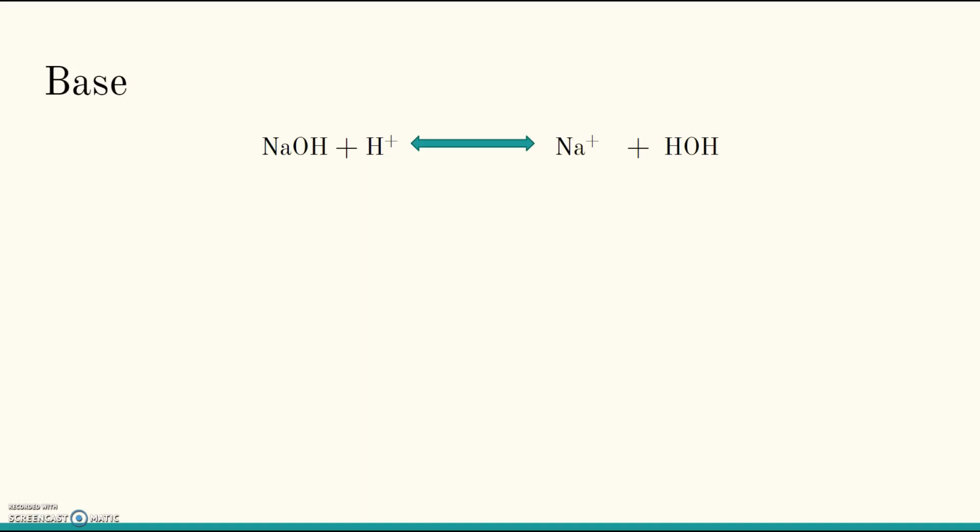And the OH ion, the hydroxide ion, is actually going to absorb some hydrogen from the surrounding areas. So that's what we mean by this being a base. It's actually going to absorb hydrogen. It's going to take it away from somewhere. So that's what a base does. It absorbs.